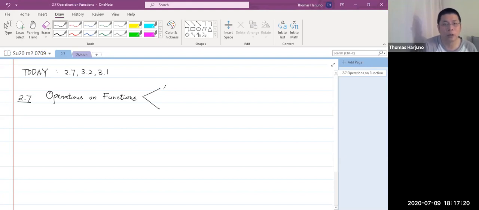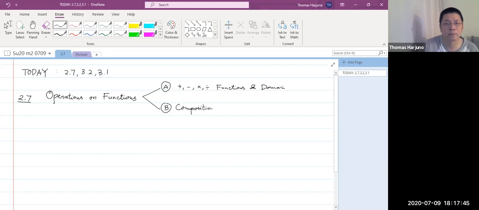The first one is the algebra part: the plus, minus, multiply, divide functions, and domain. And the second part is on composition of functions and domain.